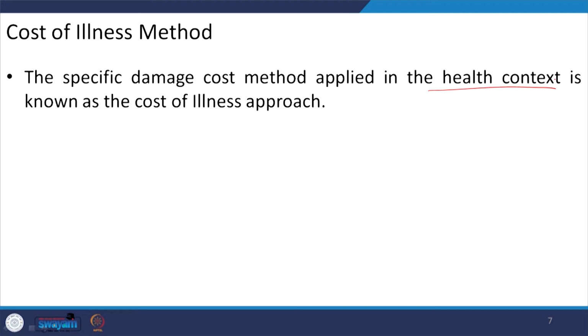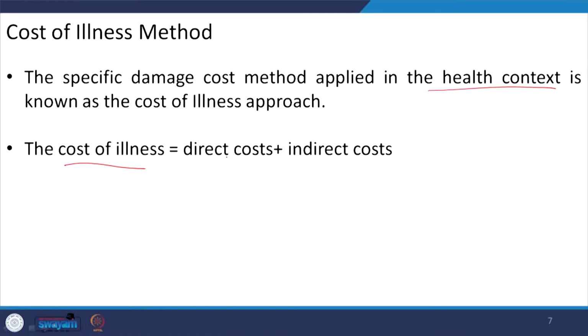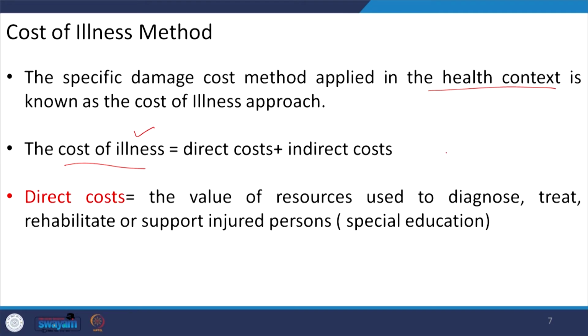So, this cost of illness approach is a special application in the context of health, and when the damage cost is applied in the health context, it is known as the cost of illness approach. And we can take the same logic as the way the damage cost is measured. For estimating the cost of illness, we can take into account the direct cost as well as the indirect cost, but our focus is on the health context only.